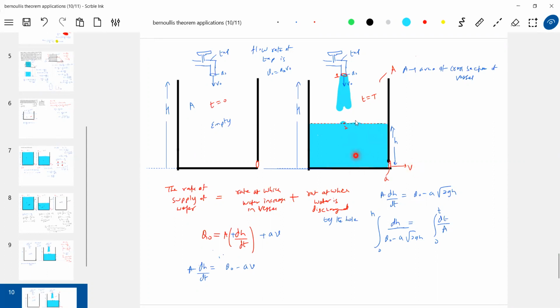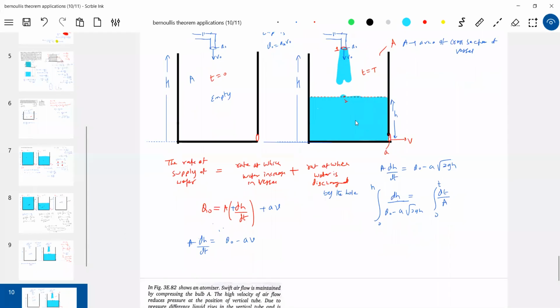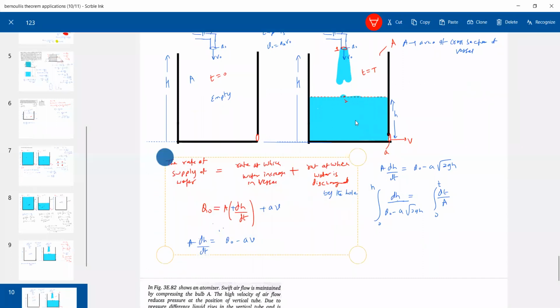Then the flow rate and the hole dimensions are such that the level of liquid will become constant and there is a maximum. How to calculate that maximum? What is the maximum level of liquid in the tank?